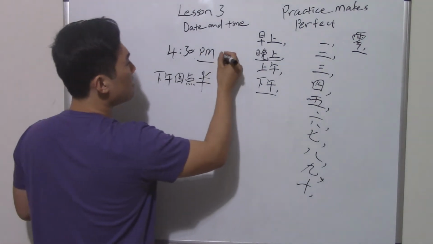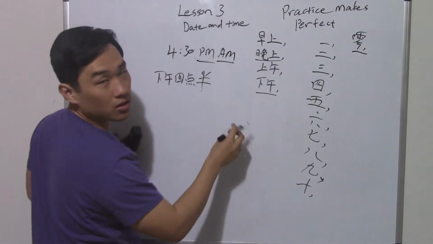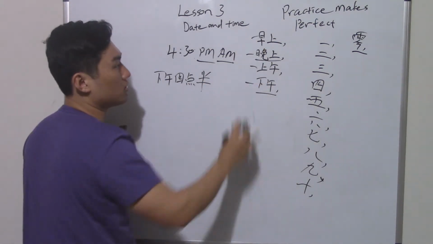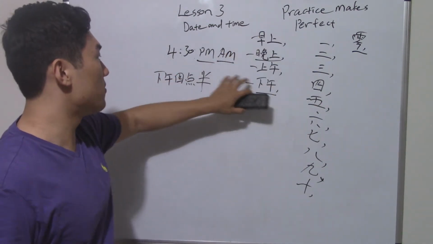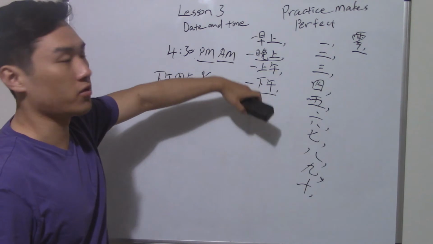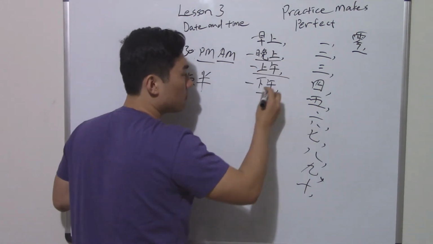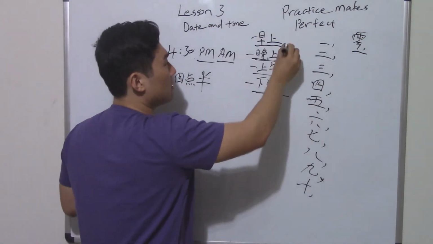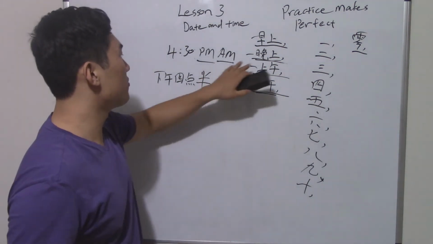So whether it's p.m. or a.m. is determined by which word you use to identify it: 上午, 下午, 晚上, or 早上. 上午 means before noon, 下午 is afternoon, 晚上 means evening, and 早上 means early morning.